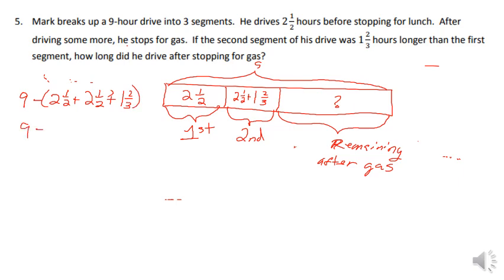So now we have 9 minus 2 1/2 and 2 1/2 is going to give us 5 plus 1 2/3. So now we have 9 minus 6 2/3. I don't need this anymore, so it'll be 9 minus 6 2/3.